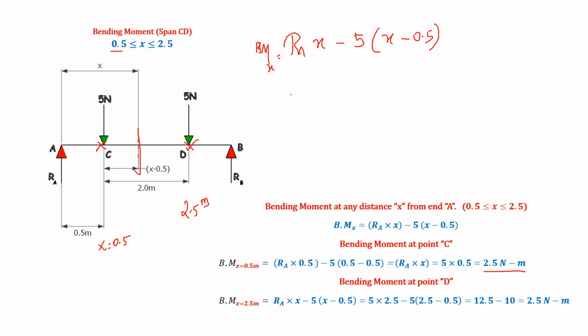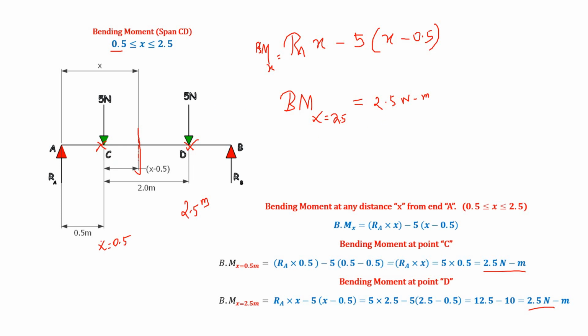Then you substitute the value 2.5, so the bending moment at x equal to 2.5. If you substitute that, again you get the value of 2.5 Newton meter. So it's very simple: if you frame the equations for these spans AC and CD, and you know the limits of x between these spans, you can easily calculate the values of bending moment.